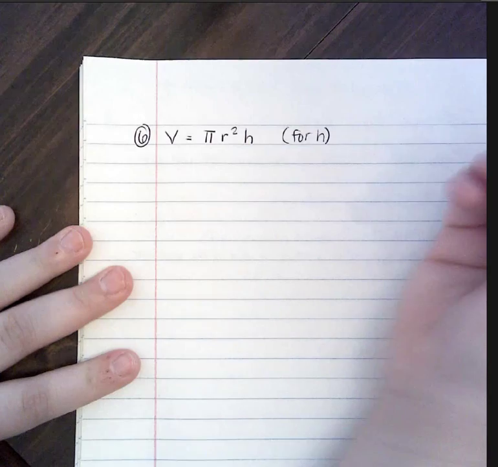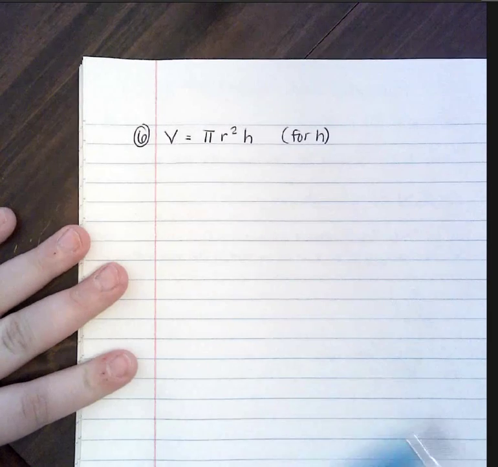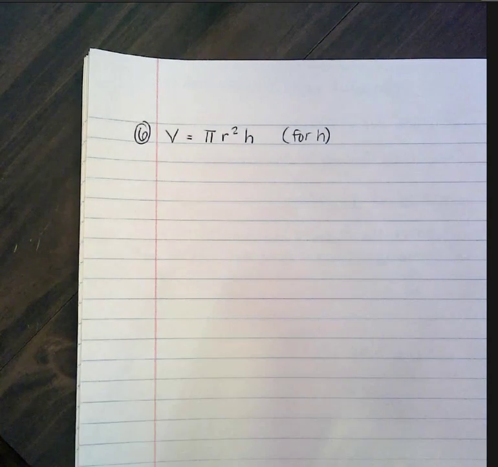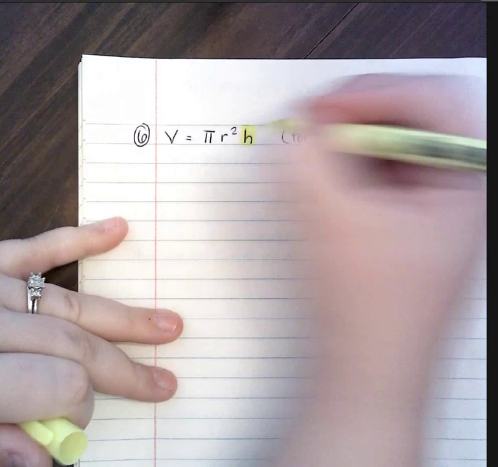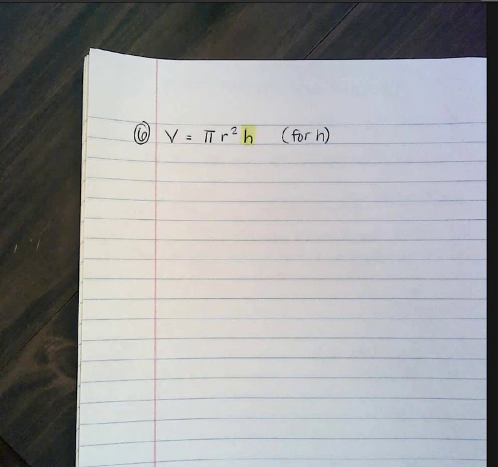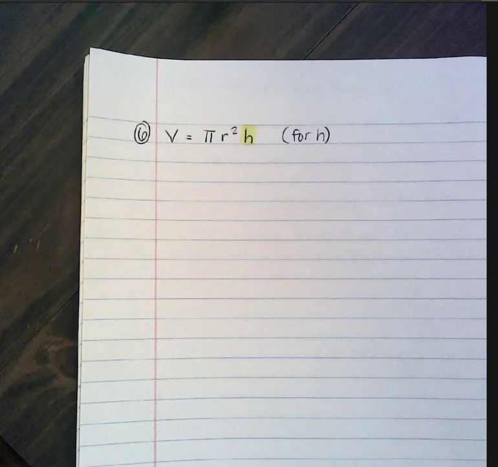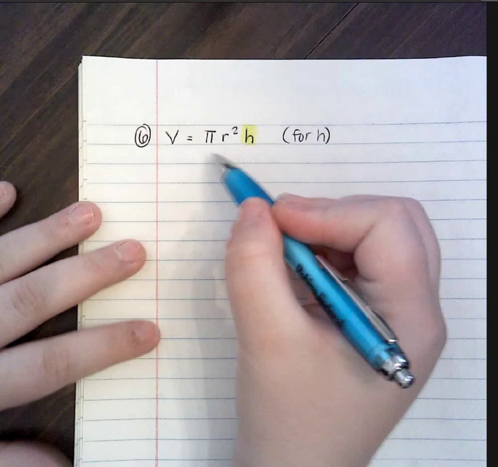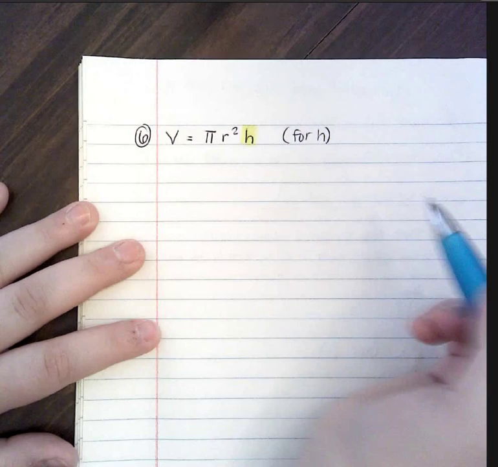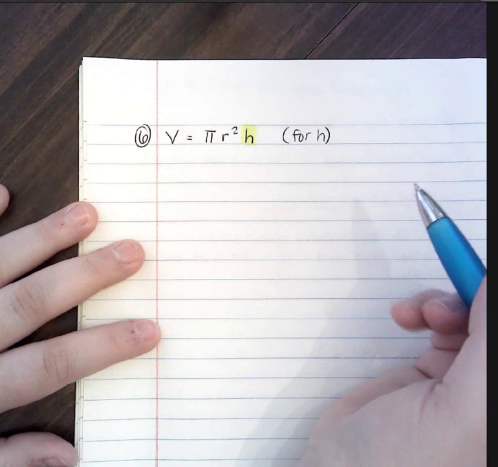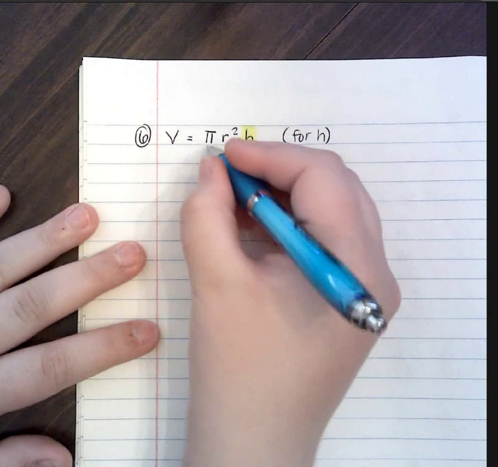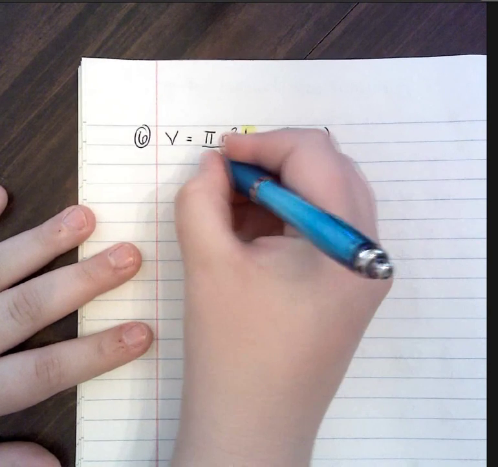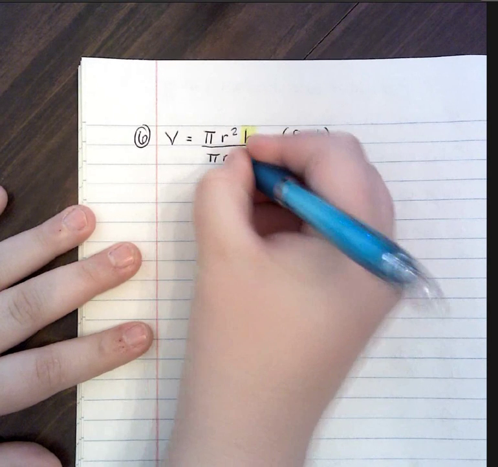So look at what's being done to that h. You've got an r squared and a pi right next to the h. That's what's keeping it from being by itself. And what we mean by itself is that it's the only thing on that side of the equal sign. So all of these next to each other means that you are multiplying them. So the opposite of multiplying would be to divide by pi r squared.